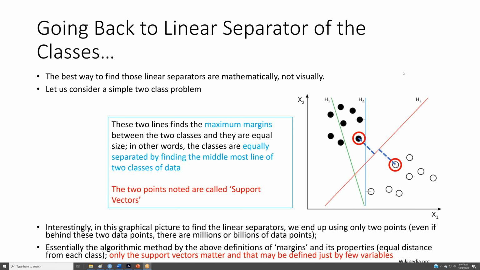In other words, I have these black points here and these white points here, bounded by black color. So, if you want to separate out these two, H1, does it separate them? No, right? It doesn't separate them out. How about H2?